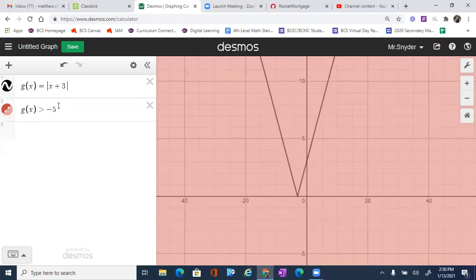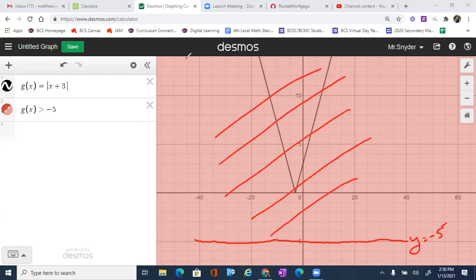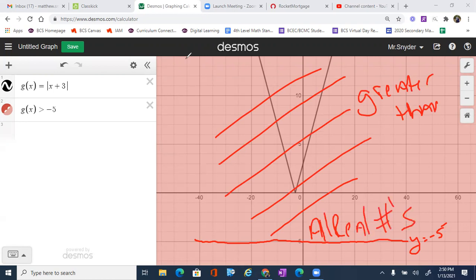Well, why is that? It's really simple. If we think about where -5 is located on the graph, y equals -5 is right here, and everything above it is greater than. So all real numbers will produce a graph that is greater than the y value of -5.